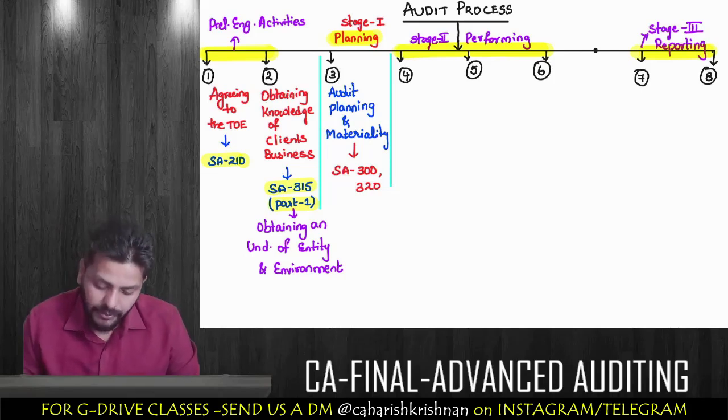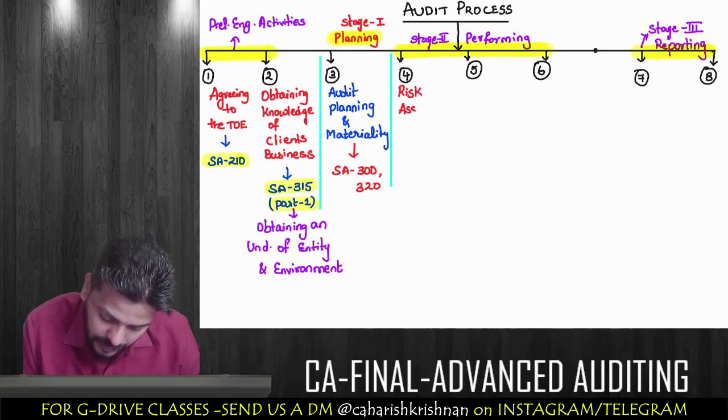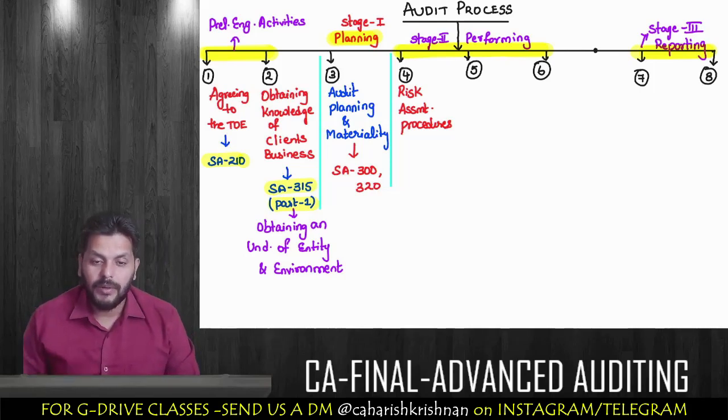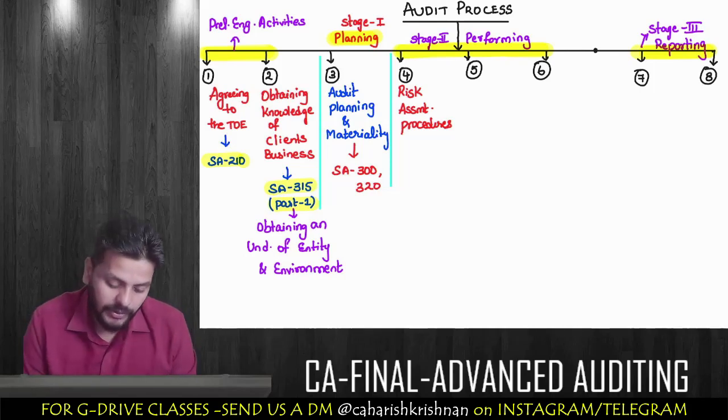Step 4 is performance of what is called risk assessment procedures, which are covered in standard 315, part 2, part 3, part 4, whatever rest of 315 is there. The whole of 315 belongs to risk assessment procedures.